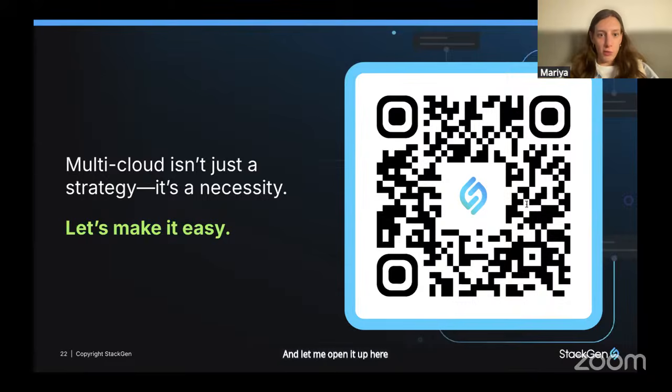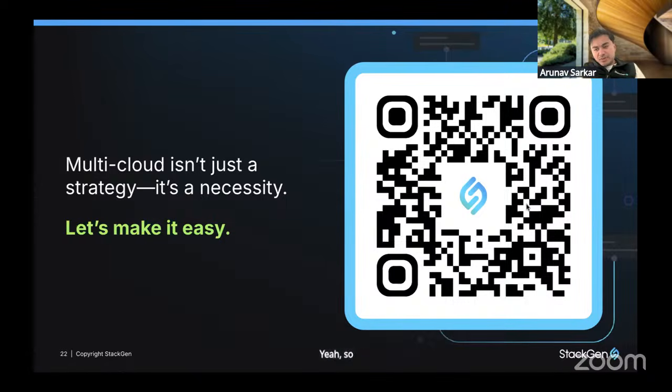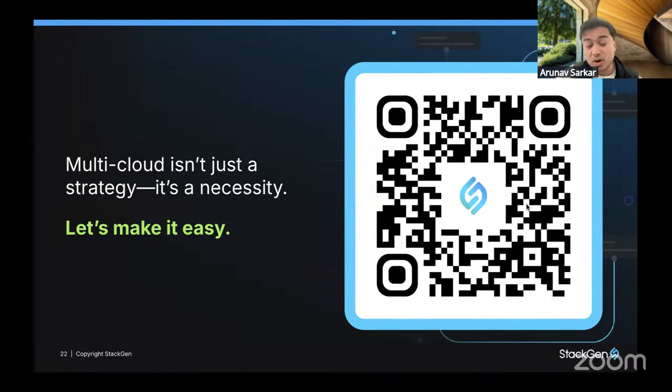So the first question, can you please share some light on migrating stateful resources? Yeah, so migrating stateful resources is going to be one of the hardest use cases. There's no real simple answer for this, and stateful resources is an all-encompassing term, right?